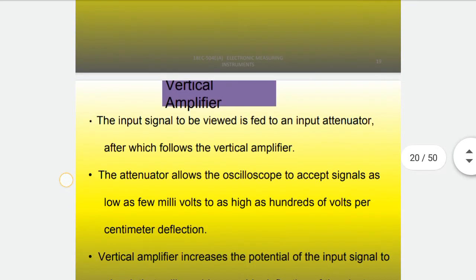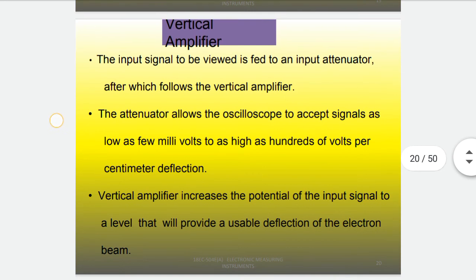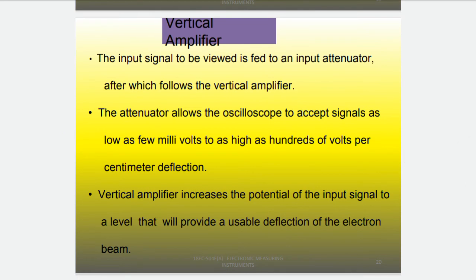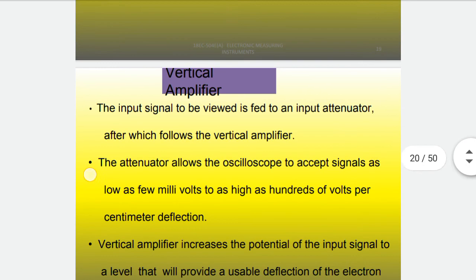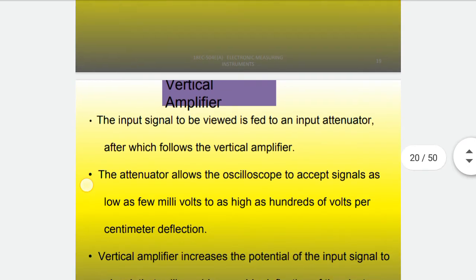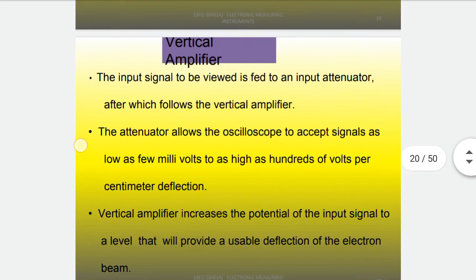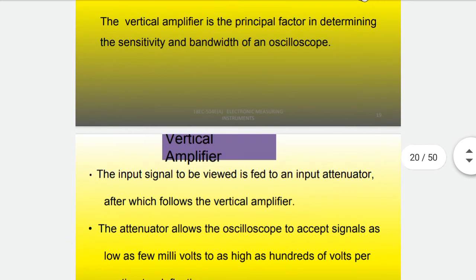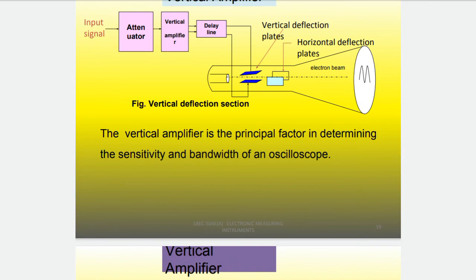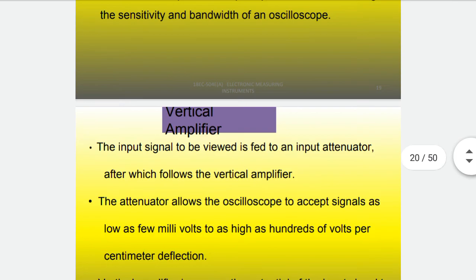The input signal to be viewed is fed to the input attenuator, after which follows the vertical amplifier. You can see in the figure, the input signal is given to the attenuator, and the attenuated input signal is given to the vertical amplifier.